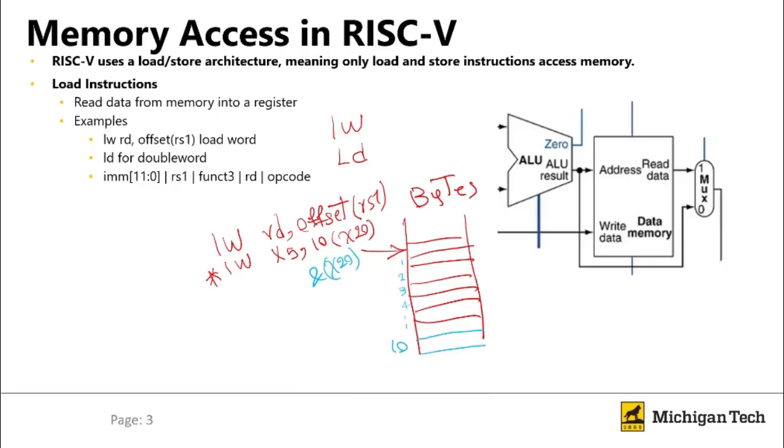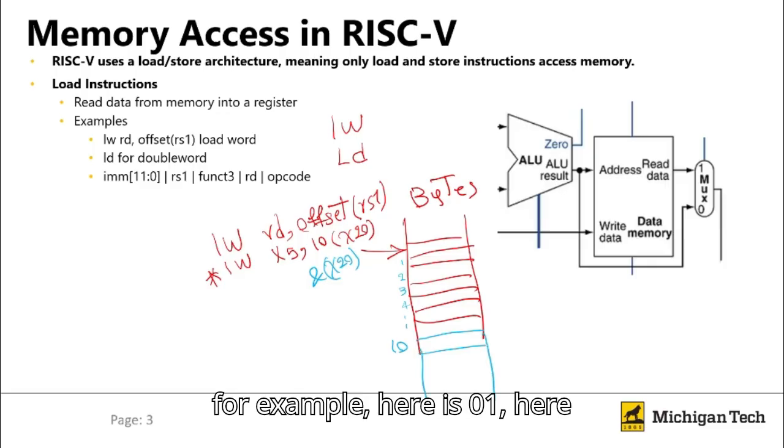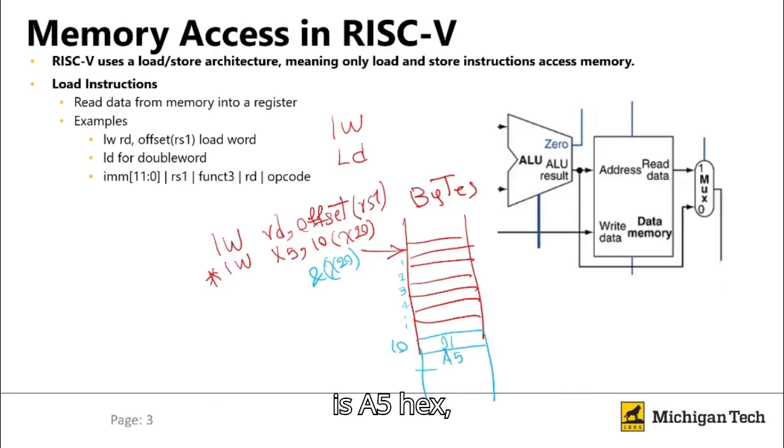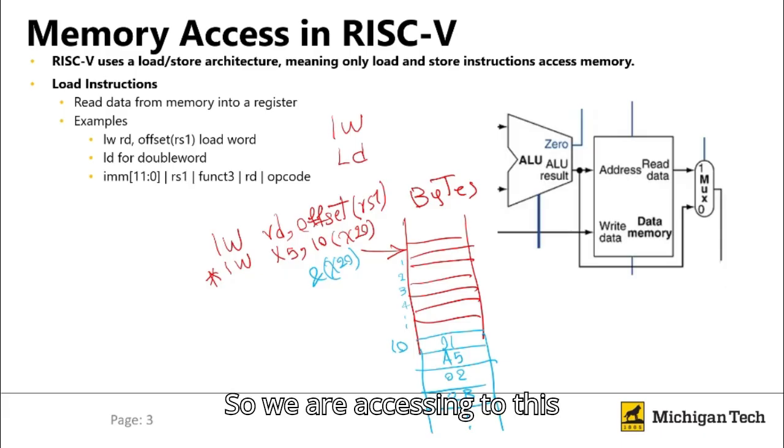For example, here is 01, here is A5 hex, here is 02, here is, for example, 2B, and so forth. So we are accessing this point, and then we read one word that is 4 bytes and put it in x5.